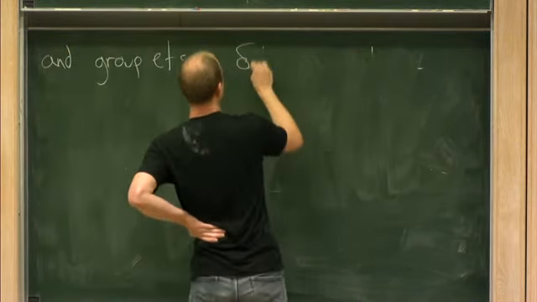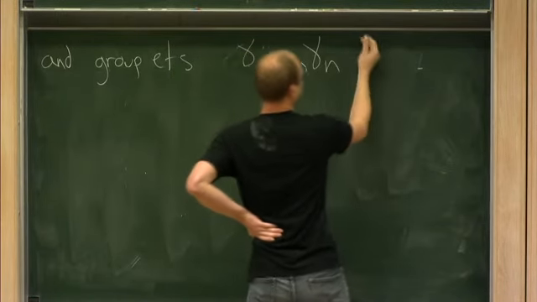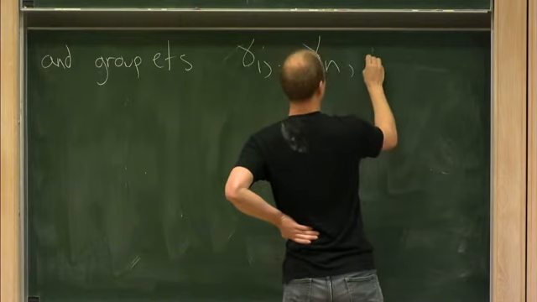And I'll call them gamma 1 up through n and delta 1 up through n.